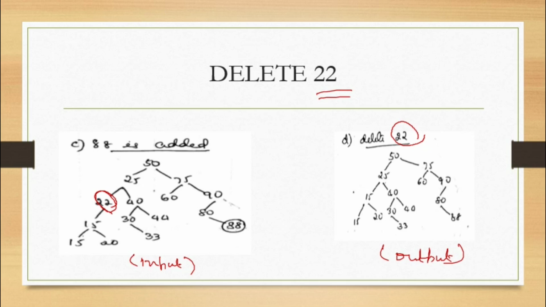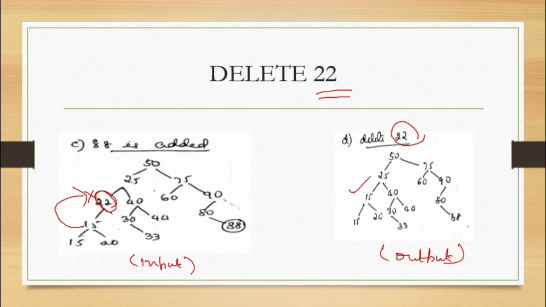So when one child is there, what you have to do? You have to delete it, and whatever is its child, you need to put it in the place of 22, and that is what they have done here. 15 is the child of 22.